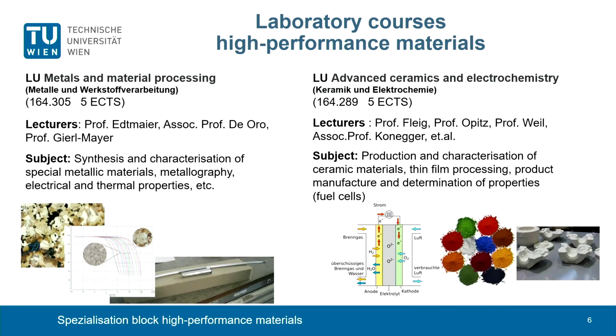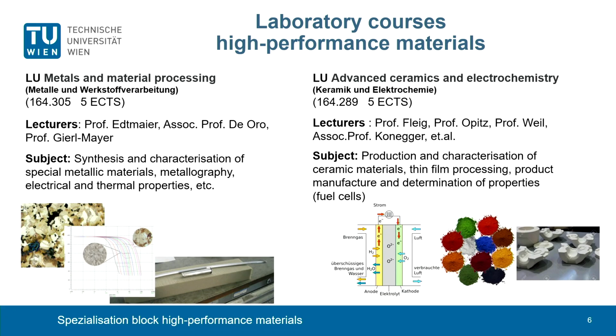And finally, you get hands-on. We are making these high-performance materials in the lab. For sure, we will not make a big steel sheet, but we will produce some parts with different methods. We divided that into a metallic part and a ceramic and electrochemistry part, because interaction is complicated.